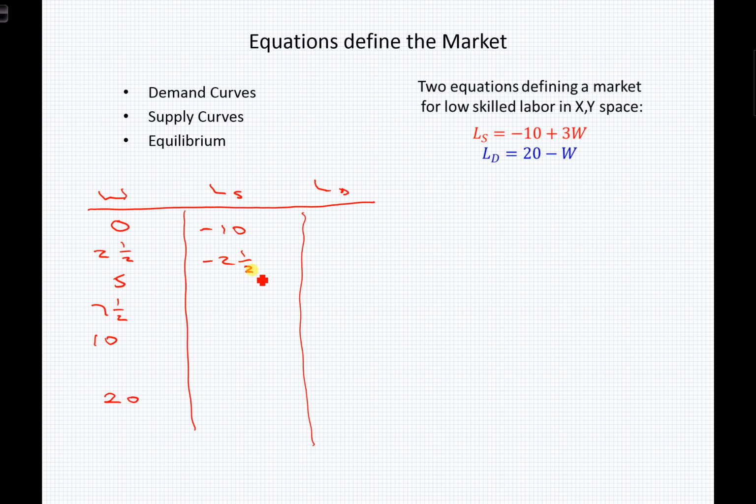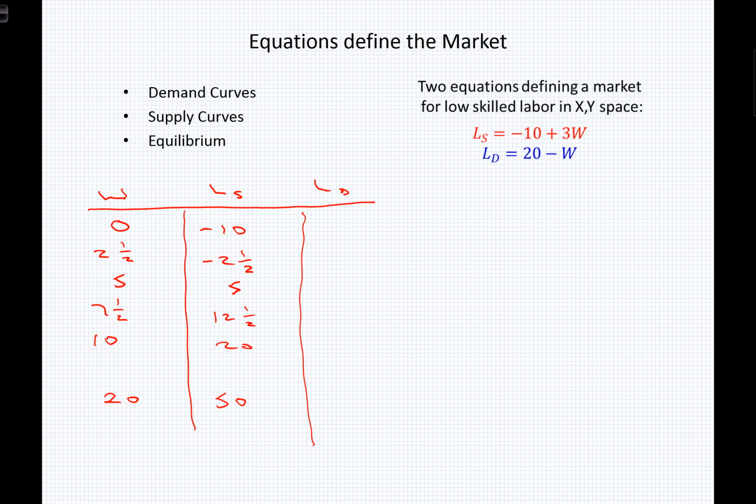If we simply apply that same methodology, substituting the W we're given in our column into the equation, we can just fill this out, and we see that we go to 5, 12 1/2, 20, and then if we jump all the way down to a wage of 20, we get 50.